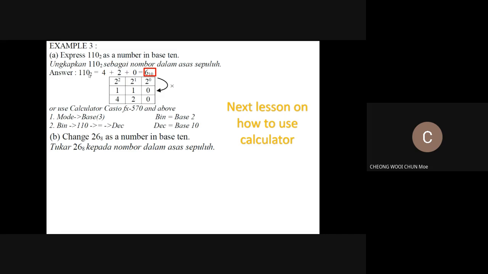So 2 power 0 times 0, 2 power 1 times 1, 2 power 2 times 1. So 2 power 2 times 1 is 4, 2 power 1 times 1 is 2, and 2 power 0 times 0 is 0. Then add the three together, 4 plus 2 plus 0, you get 6 base 10.